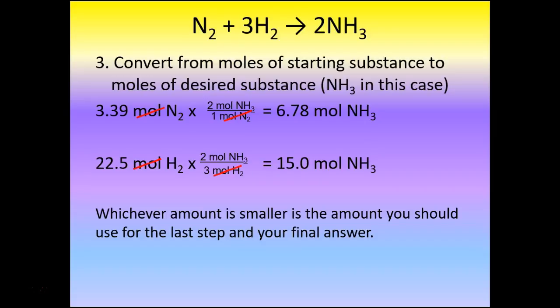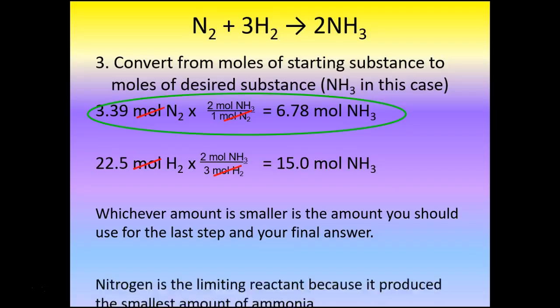And obviously 6.78 being a smaller number times a molar mass for ammonia, which is 17, is going to be the smaller of the two masses. So right off the bat, I can kind of save myself a little bit of work that this one's going to be producing the smaller amount of ammonia.